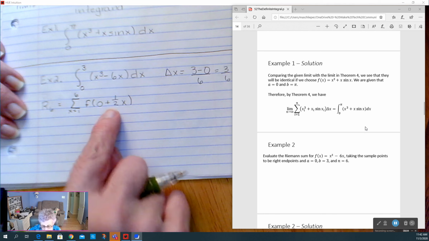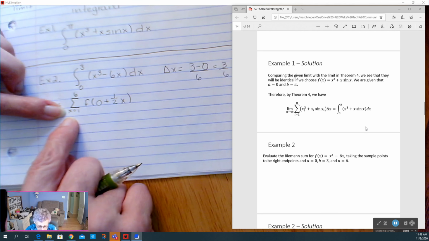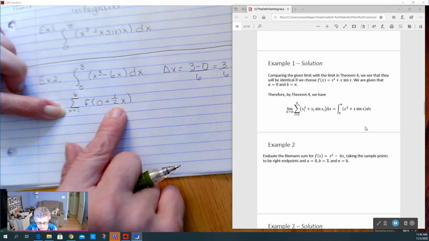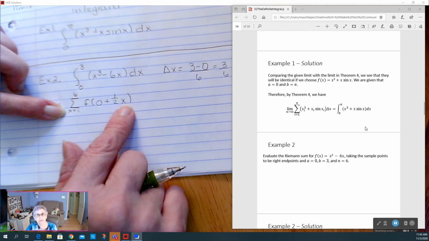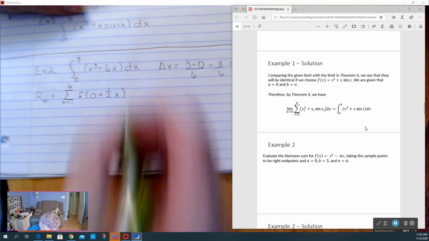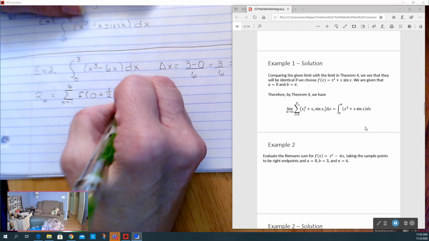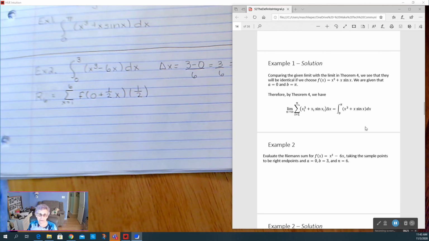And I'll do it where x is equal to 1. That'll give me f of a half. I'll do it with x equals 2. That would give me f of 1. x equals 3, f of 3 halves. So it's exactly what I want to get my right endpoints. And then delta x is equal to a half.